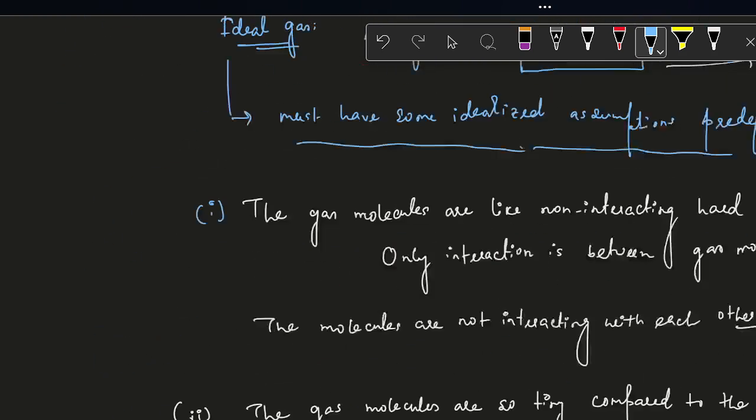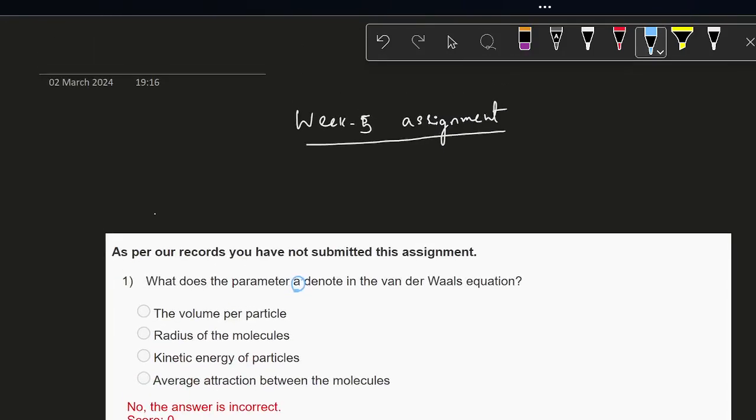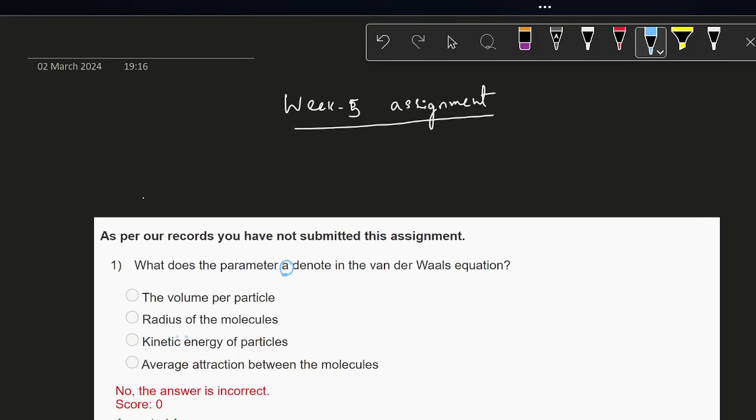So you know the answer now, and also the physical understanding of it: this is the average attraction between the molecules, which is what the parameter A denotes. Okay, so this question is done.